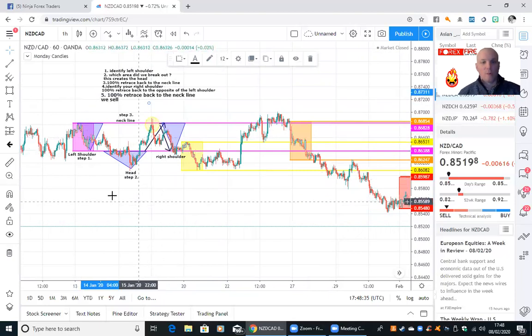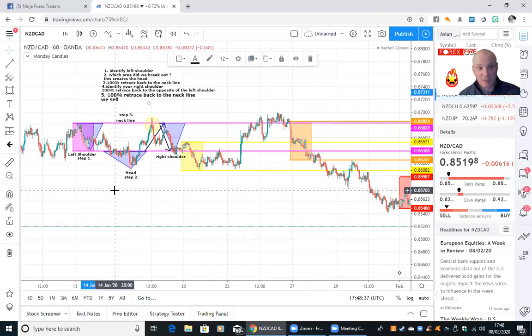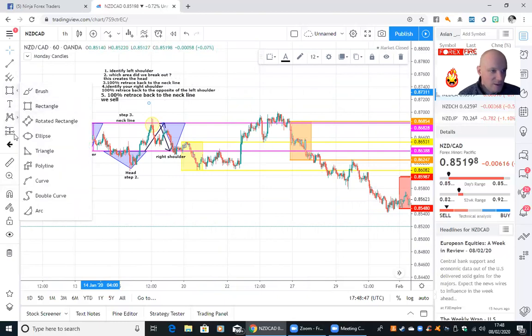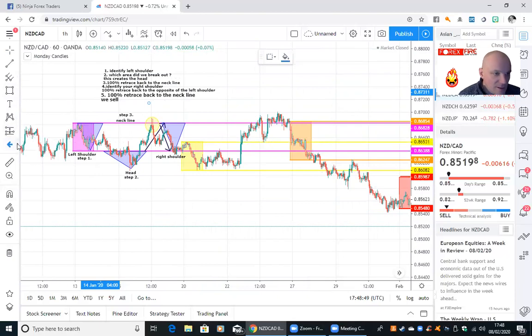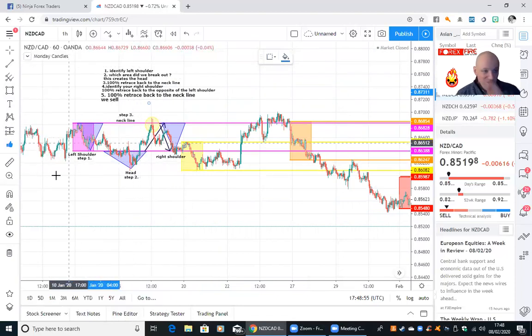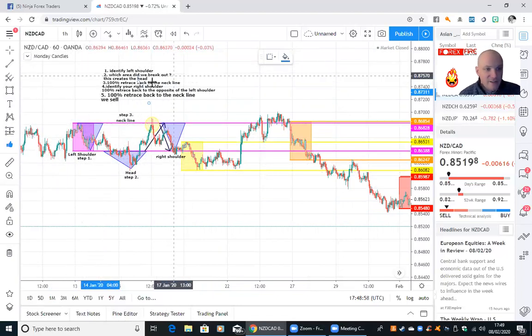So let's just go back on these and then we'll tick them off on each box. Okay, guys, so let's just visually do this together. So step 1, identify the left shoulder. Okay, what we'll do is see if I can get a tick on here, although we'll get a thumbs up. So we identify the left shoulder.